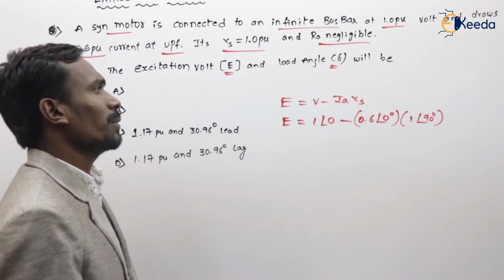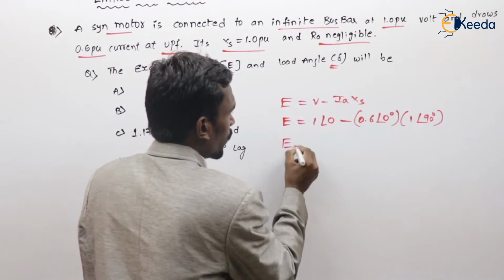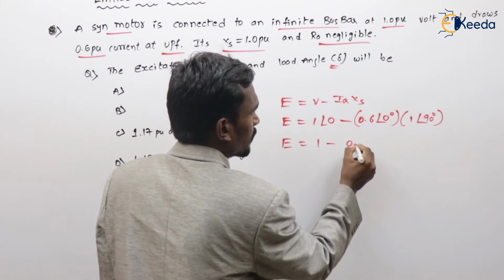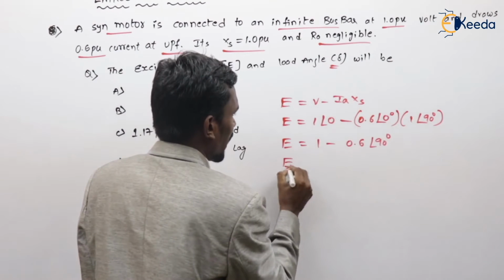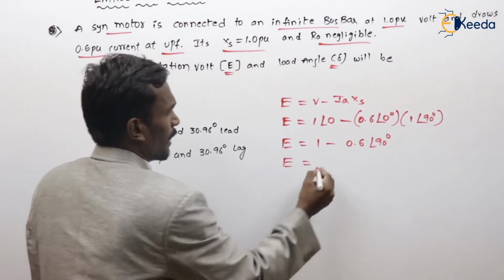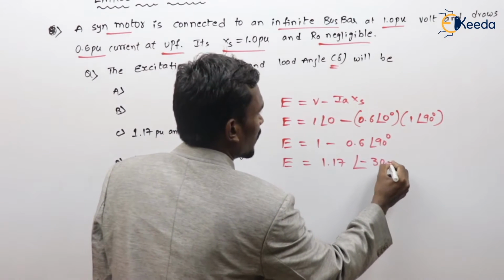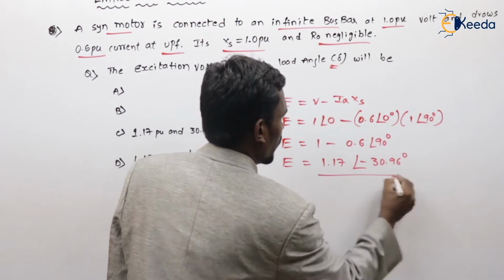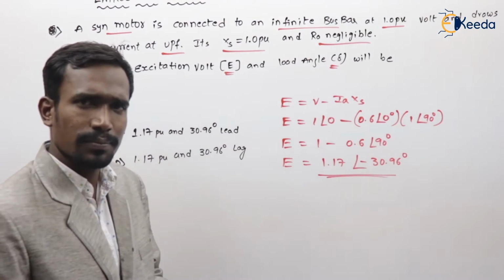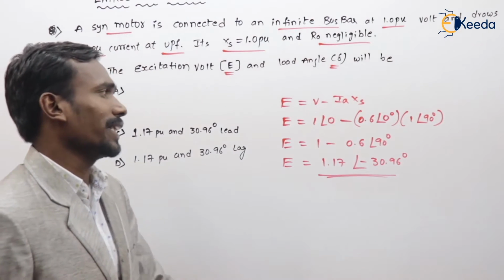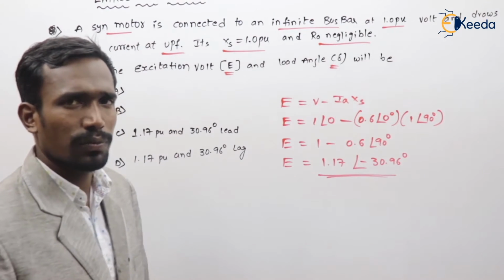When RA is negligible, theta is 90 degrees. Now if you calculate this value, 1 minus 0.6 at an angle 90 degrees, you get 1.17 at an angle minus 30.96 degrees. It is a very easy question.